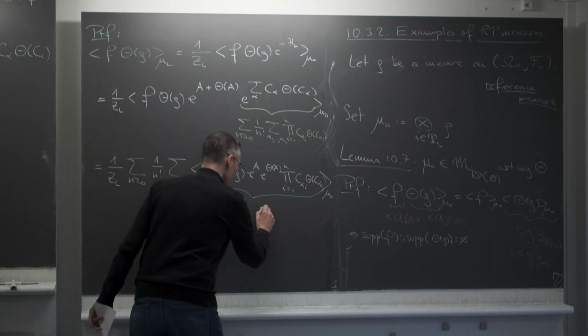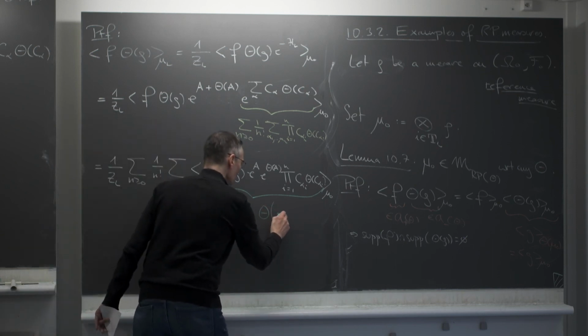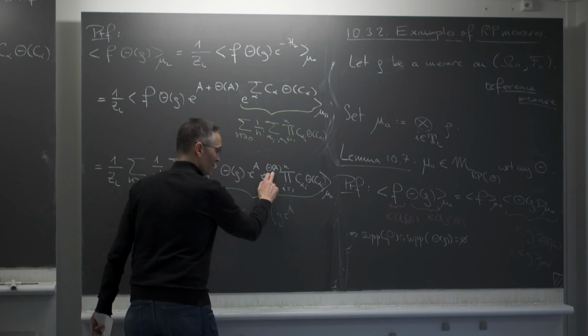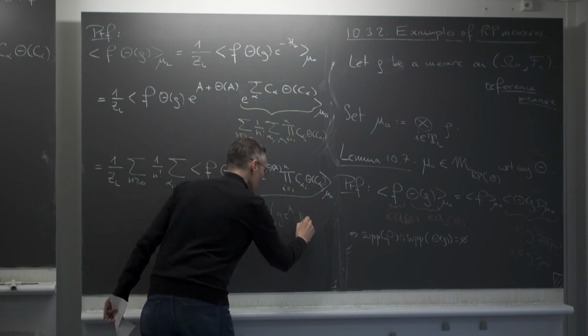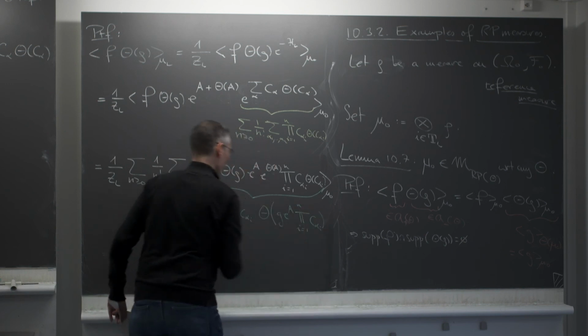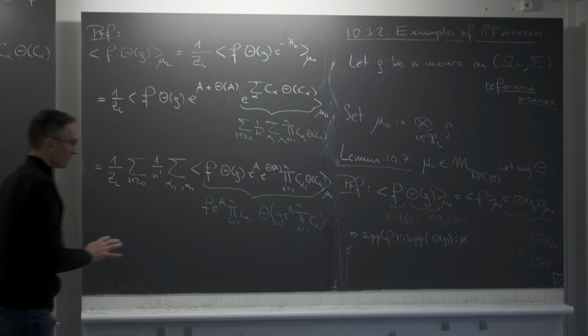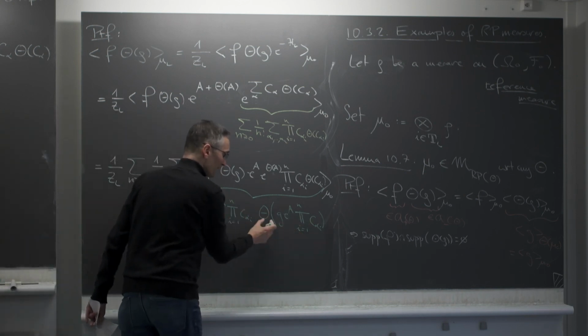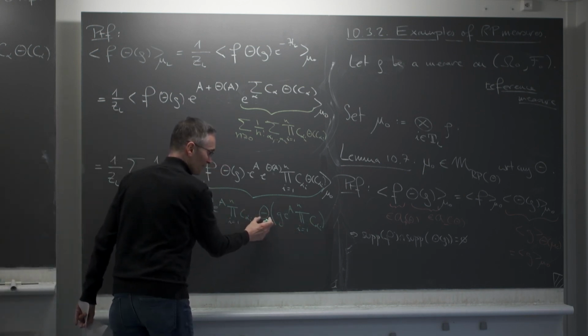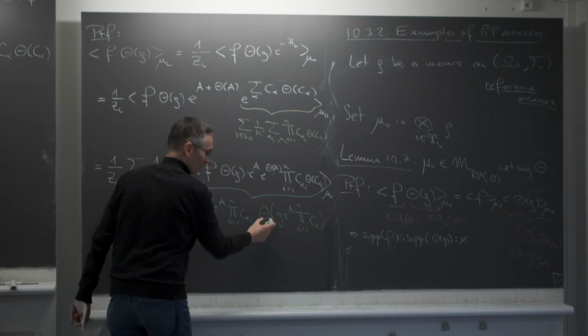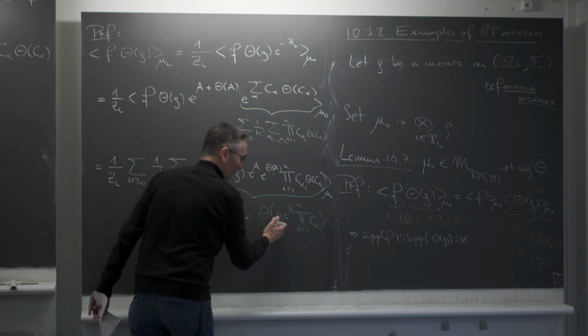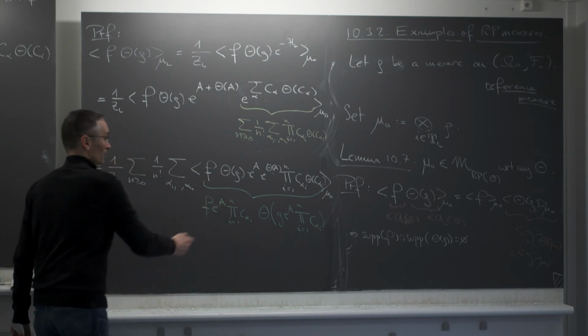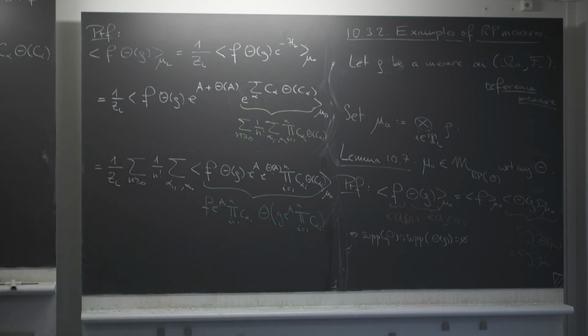And then theta of g e to the a, and then product i equal 1 to n of C alpha i. Okay? I'm just putting everything on which theta has been acting on one side, and I'm acting with theta on the product of all these things, and then the rest on the left-hand side. Okay, that's what you get.